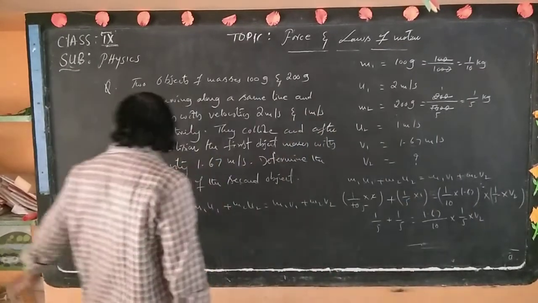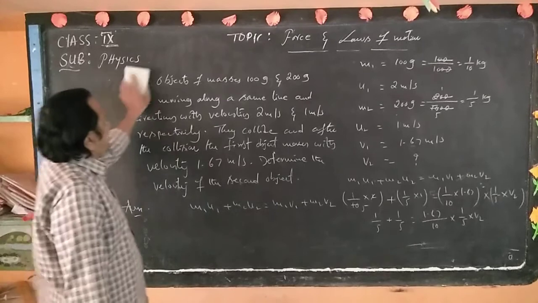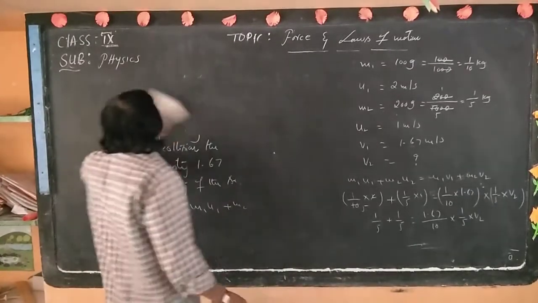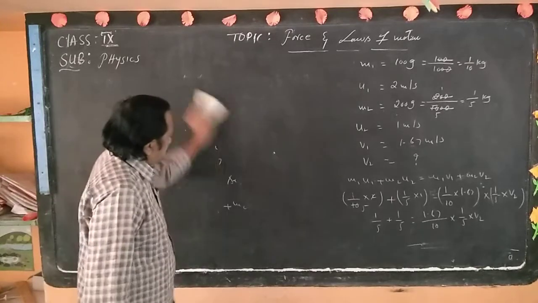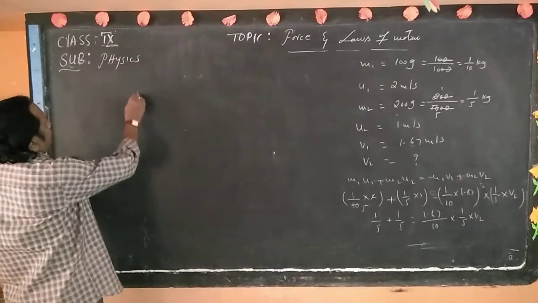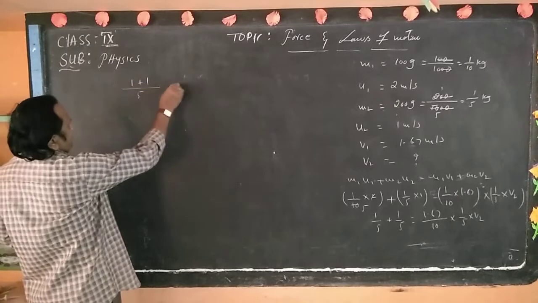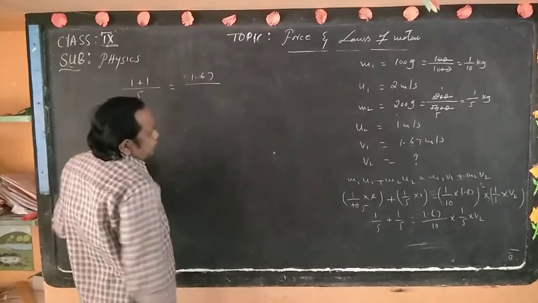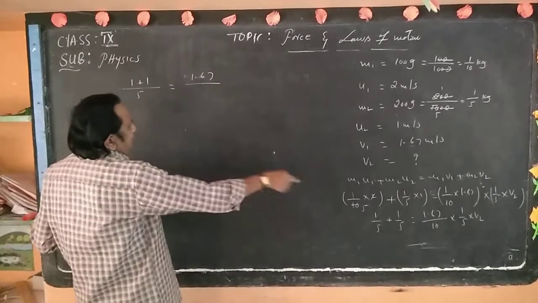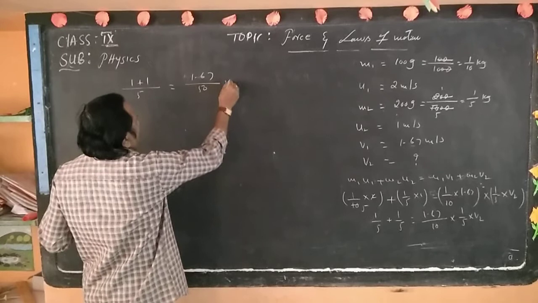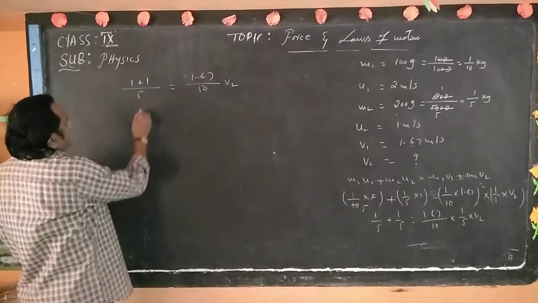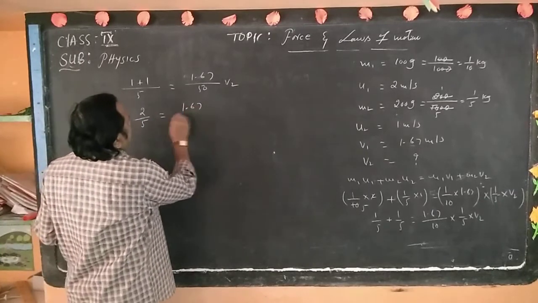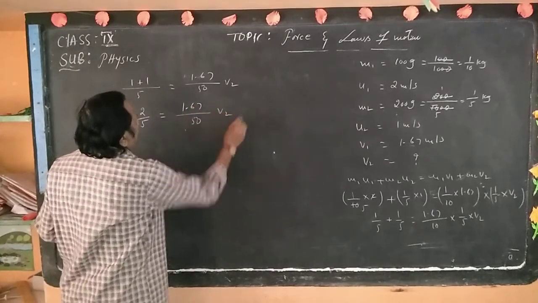Now first we take the LCM. 1 by 5 plus 1 by 5, the LCM will be 5. So 1 plus 1 is 2, and 2 by 5 is equal to 1.67 by 50 into v2.